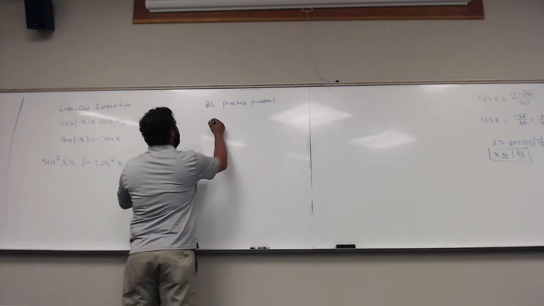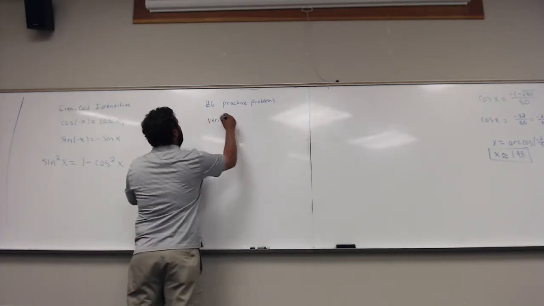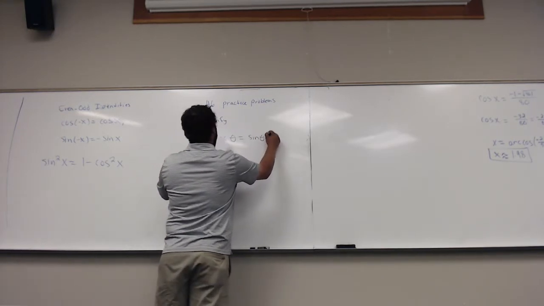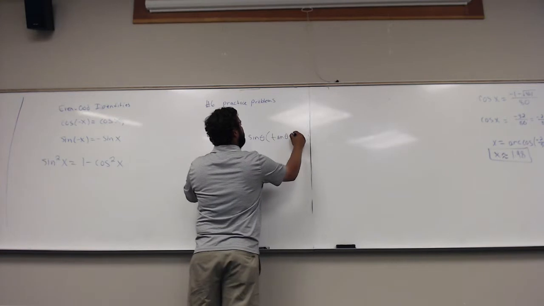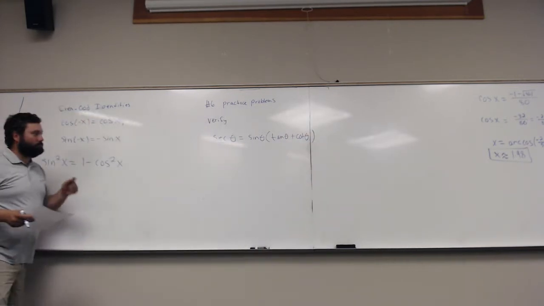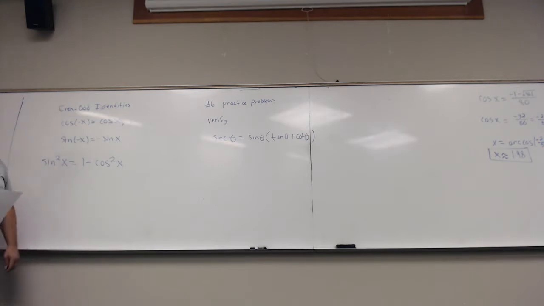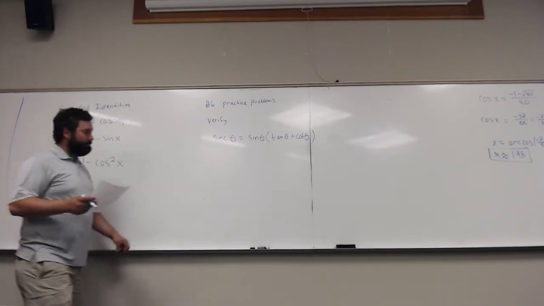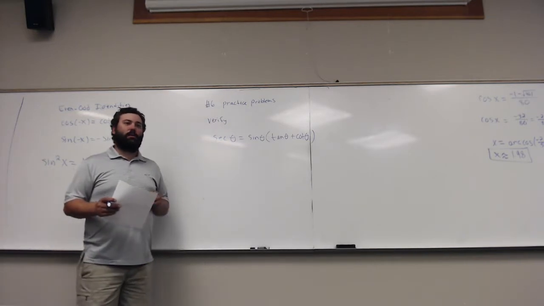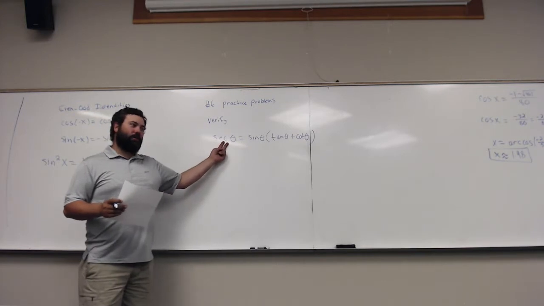Alright, so number 6 says verify secant theta equals sine theta times tangent theta plus cotangent theta. Now, I think it's pretty easy to see which side's more complicated this time, right? This left side's just a single term.